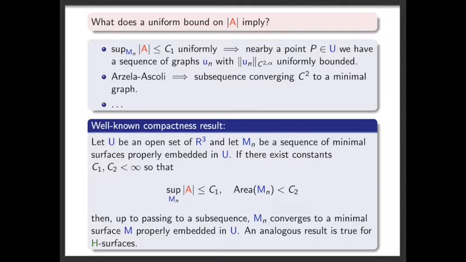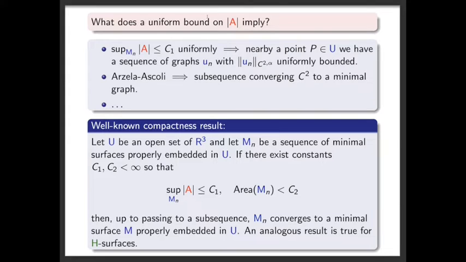Okay, so how do we go about proving this? If P is an accumulation point for the sequence of surfaces, then you have graphs with C2 alpha norm uniformly bounded, but then you can use Arzela-Ascoli to obtain a subsequence converging C2 to a minimal surface. If you don't have minimal, then you have bounded in C2, so you can still say something, but you don't have C2 convergence if you have a C2 bound.